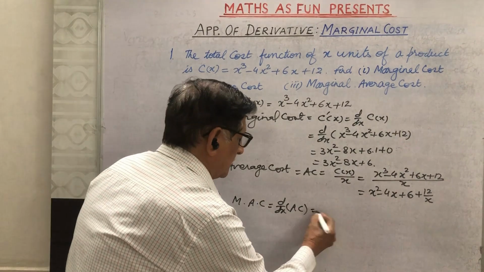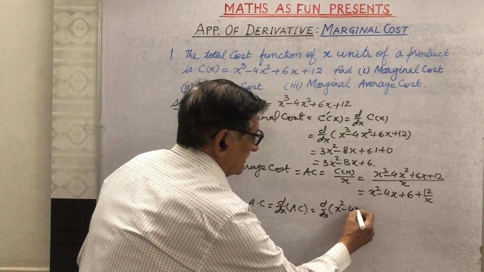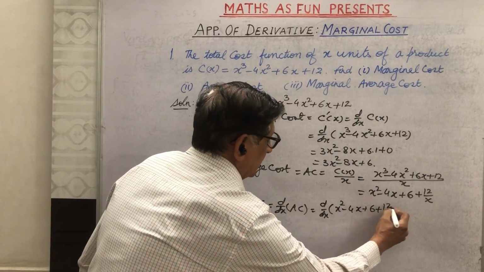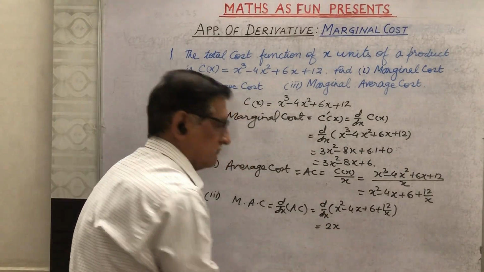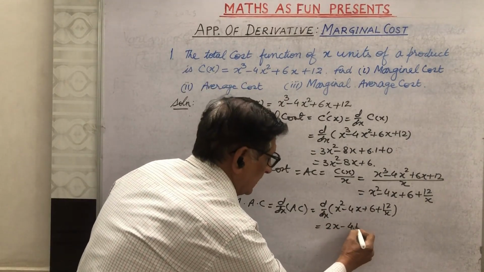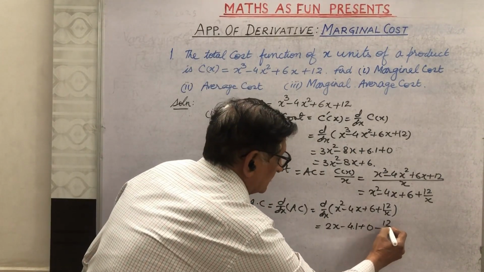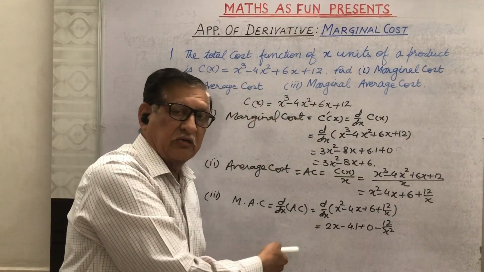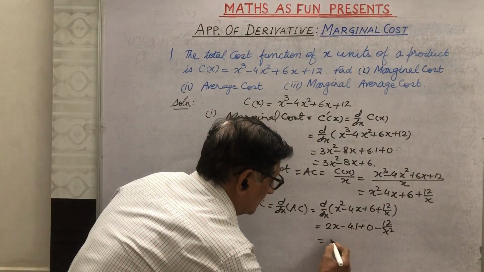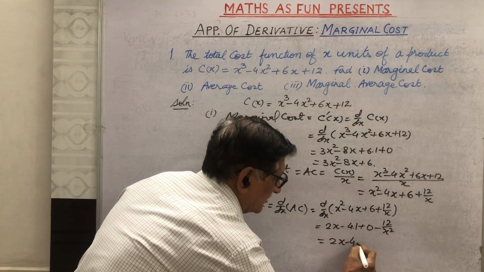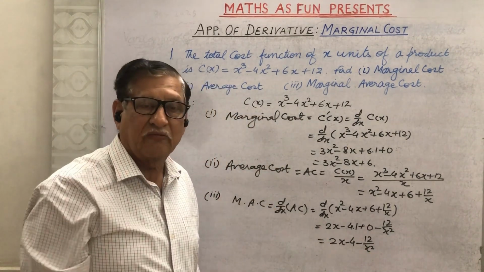That is equal to d by dx of x square minus 4x plus 6 plus 12 upon x. d by dx of x square is 2x, minus 4 into 1, plus 0, and minus 12 upon x square, since d by dx of 1 upon x is minus 1 upon x square. This is equal to 2x minus 4 minus 12 upon x square. This is the marginal average cost.